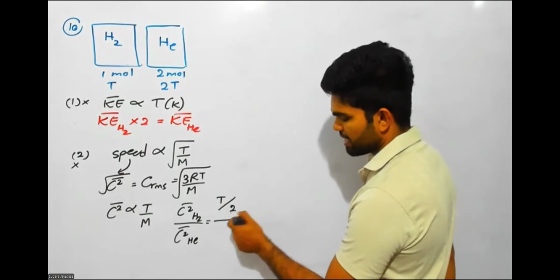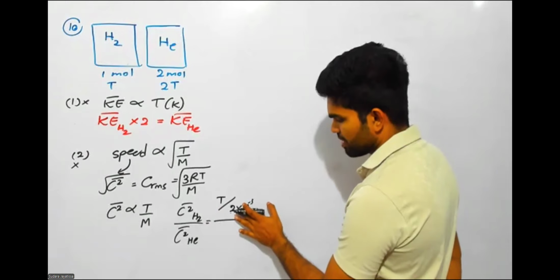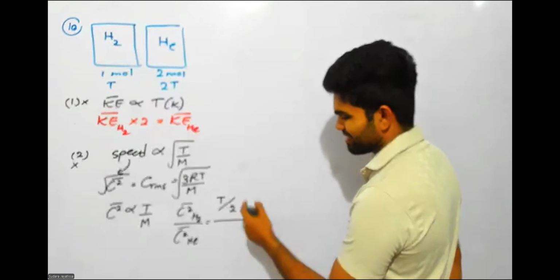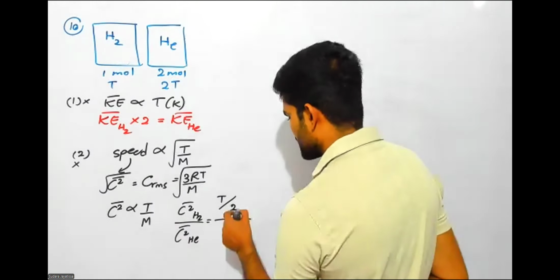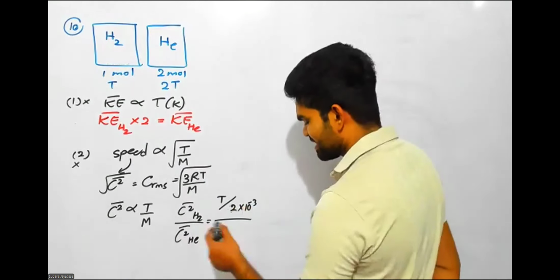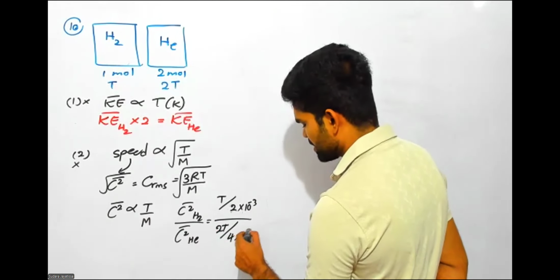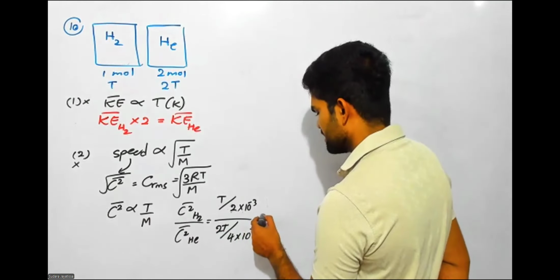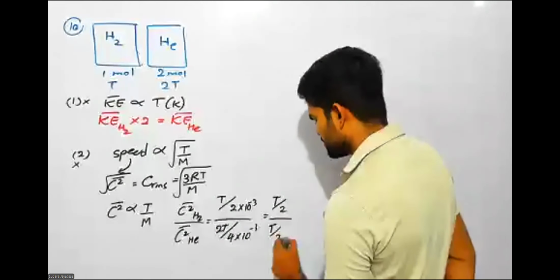Actually you have to write 2 into 10 to the power minus 3 kilogram per mole, but this is an MCQ, so let's just write it like this. And then this one is at 2T temperature, and it is 4 into 10 to the power minus 3. It simplifies to give you T over 2.